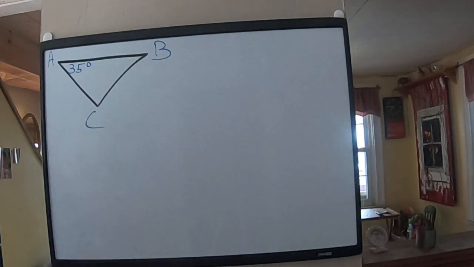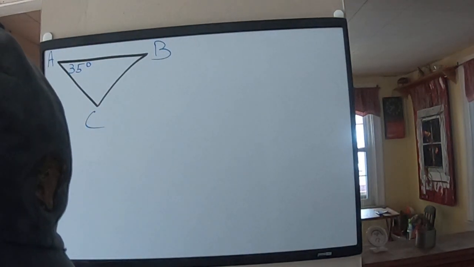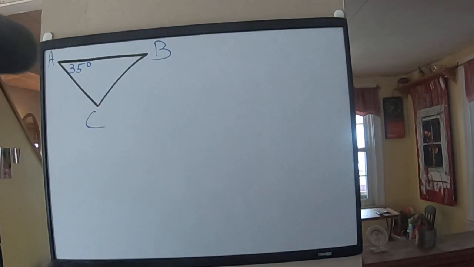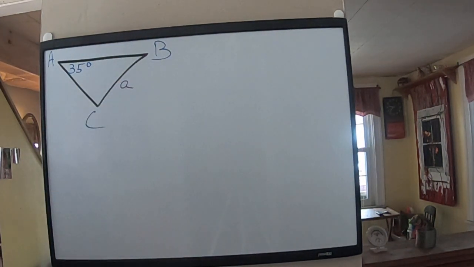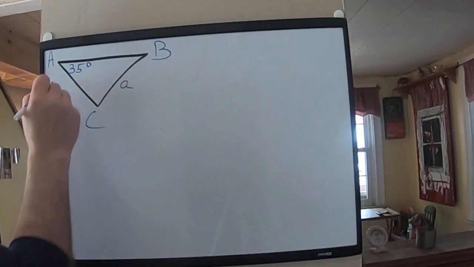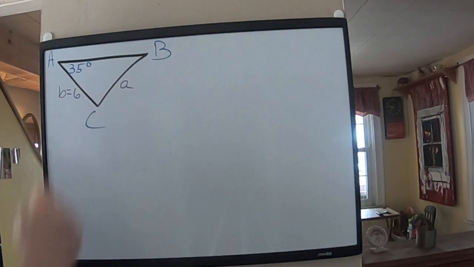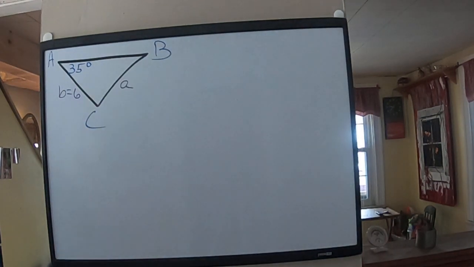We know that side a is across from angle A. Side b is going to be 6. And side c is going to be 4.